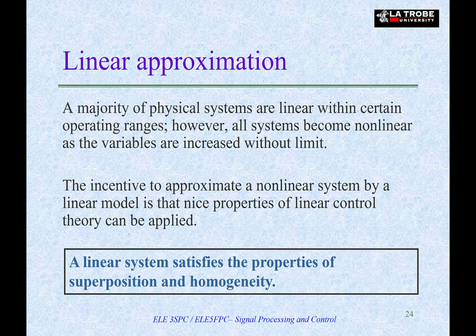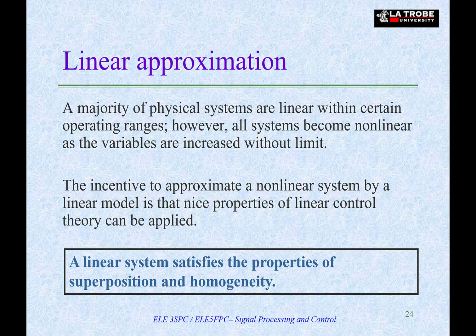And the reason we want to approximate a nonlinear system with a linear model is because we can use the nice properties of linear systems to study the model. And what are the nice properties of a linear system? There are two very nice properties. They are the superposition law and the homogeneity law. Now let me further explain what they are.